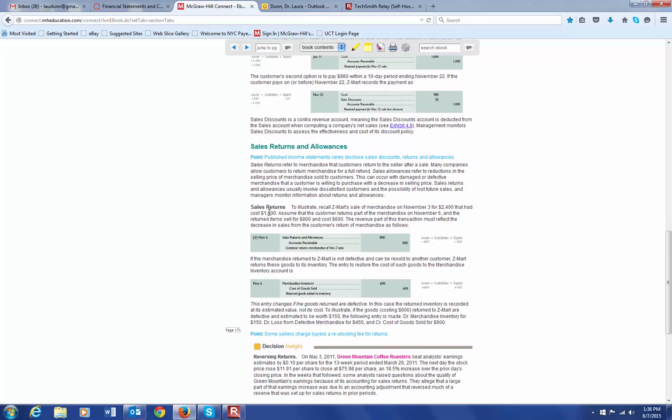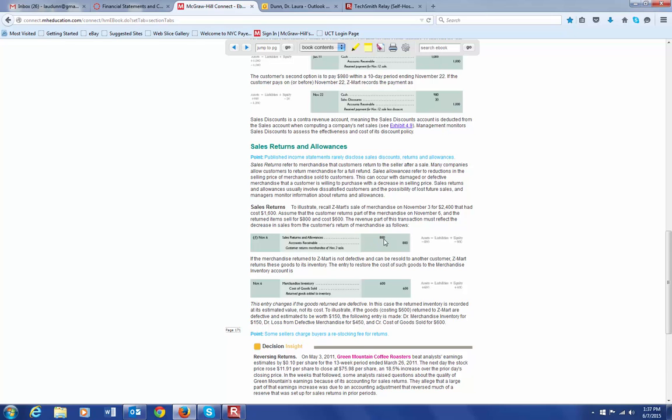Same thing is going to be true if you're dealing with a return or an allowance. Sale here for $2,400. It originally cost them $1,600. Now, they return merchandise that you originally sold for $800.